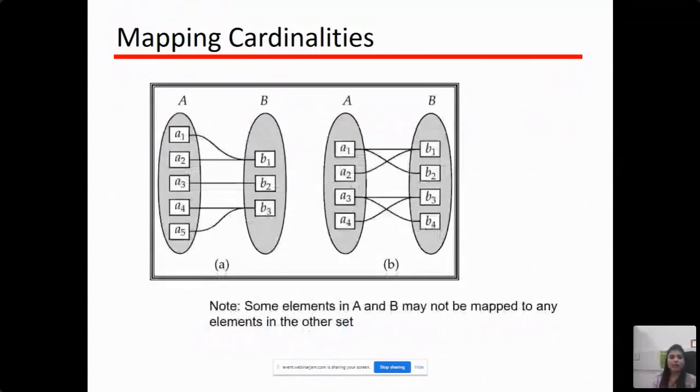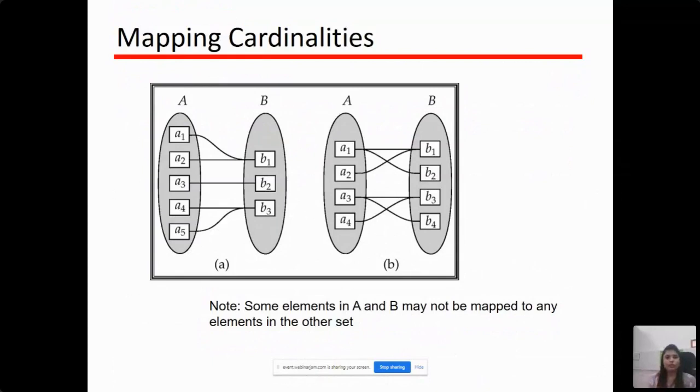Next we have many students working on one project. If A is the student and B represents the project, A1 and A2 both are related to B1. So that means multiple students are working on a single project.